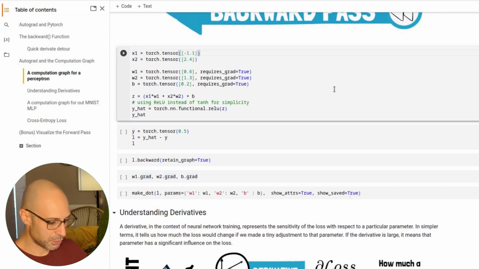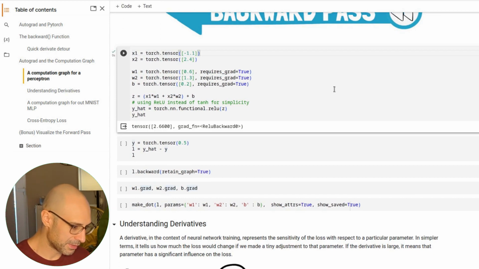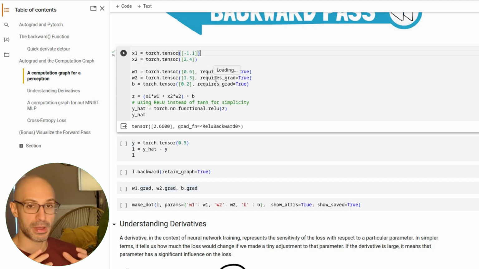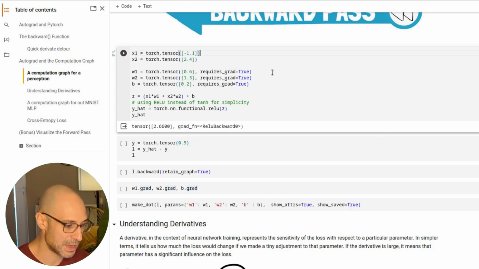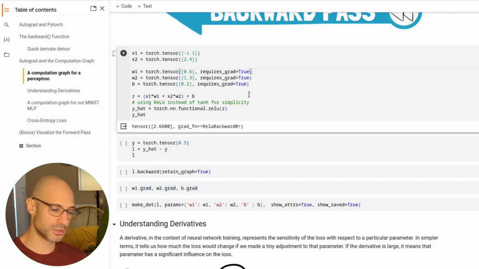We are instantiating all the variables and we're giving them some dummy values. You will notice that W1, W2, and the bias are the parameters of our network, and these are the variables that require a gradient. So we are essentially saying that we want PyTorch to calculate the gradients of the loss with respect to each individual parameter.